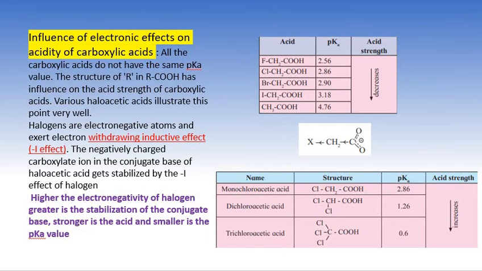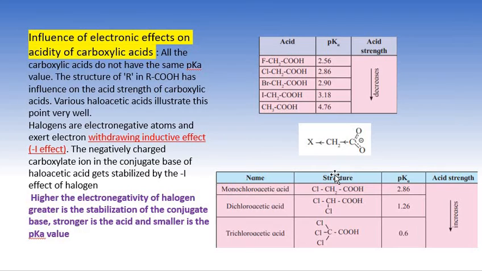Halogens have a -I effect, meaning the carboxylate ion is an electron rich species. When a halogen substitutes one hydrogen of this methyl group and the halogen is electron withdrawing, the charge will be distributed in the molecule. And it is always said that if a higher electronegativity halogen is bonded to the carbon atom, the stabilization of the conjugate base would be greater.